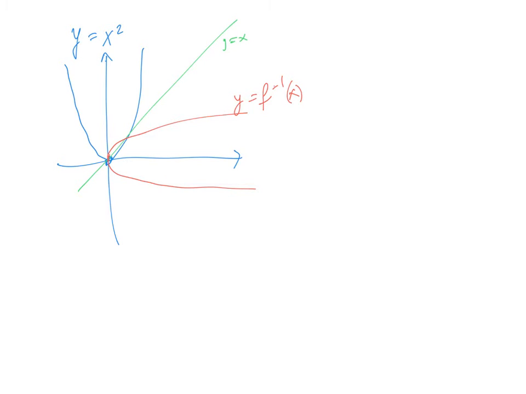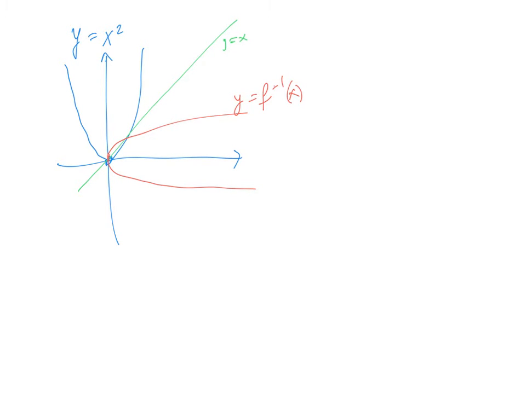And why did this happen? Because the original function had 2 x's corresponding to the same y. So the original y equals x squared is a function, but we call it not a one-to-one function. 2 different x values result in the same value. So it's 2 to 1, not 1 to 1.